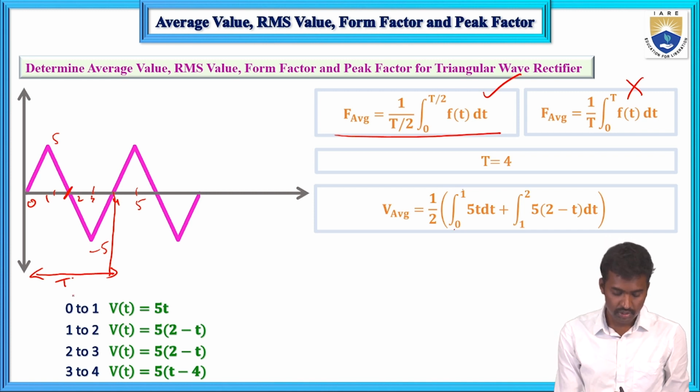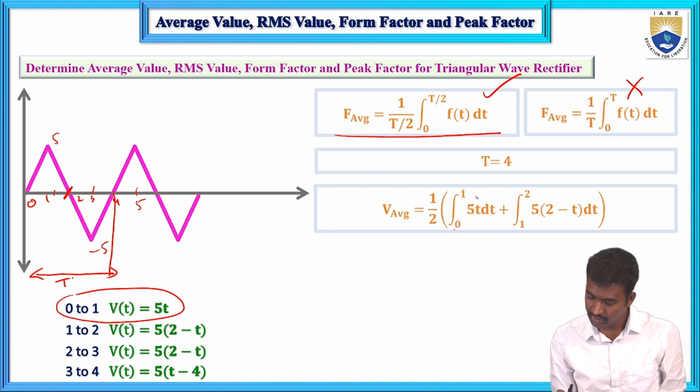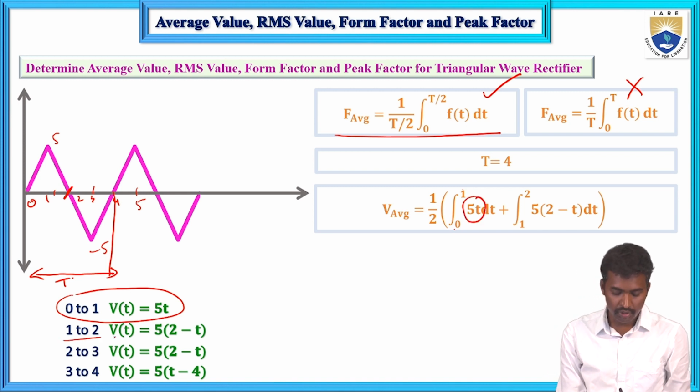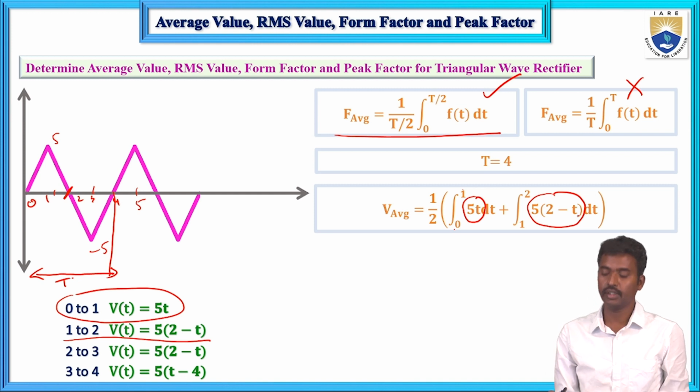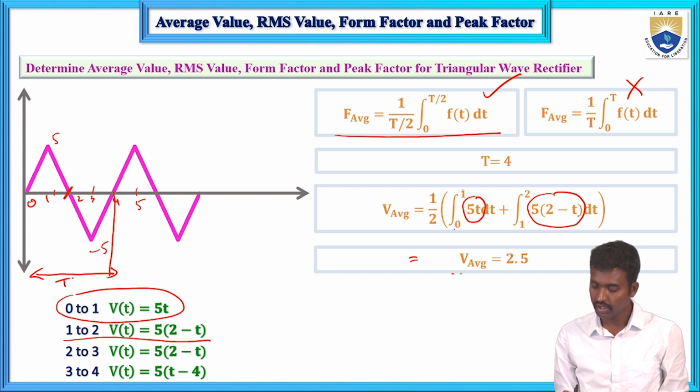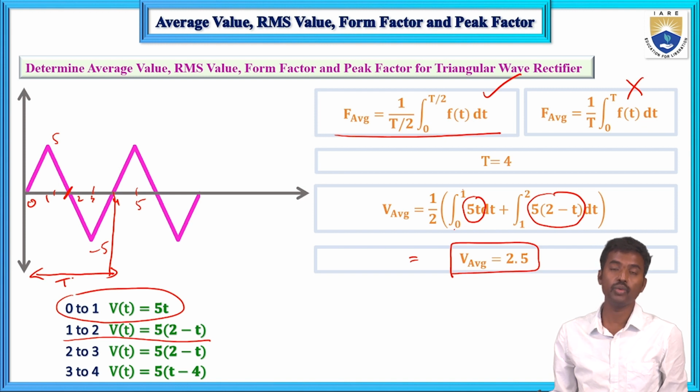From 0 to 1, that is 5t, and 1 to 2, that is 5 into (2 minus t). If you simplify this, that value equals the average value. In another way, we can calculate the average value as the area under the curve for half alternation divided by half time period, T by 2.